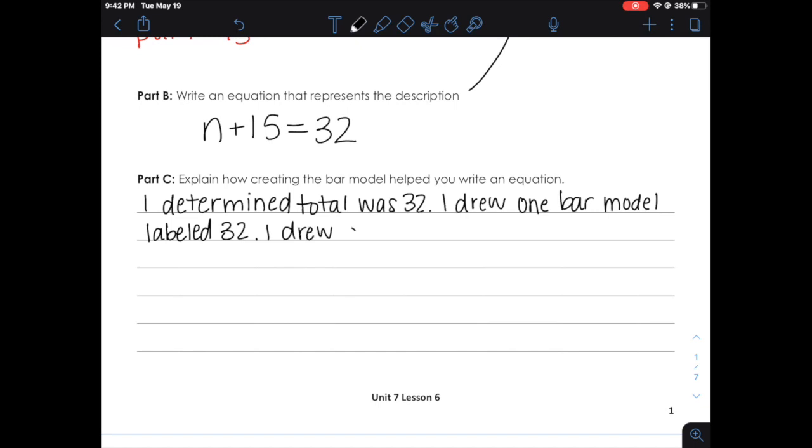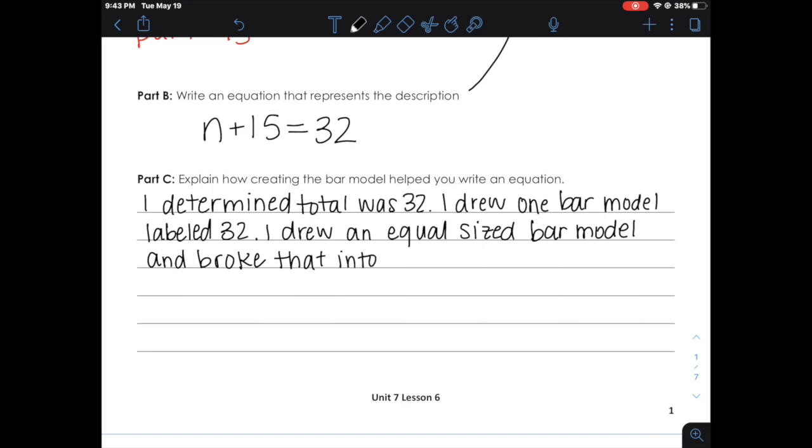Then I drew an equal-sized bar model and broke that into two parts, n and 15.